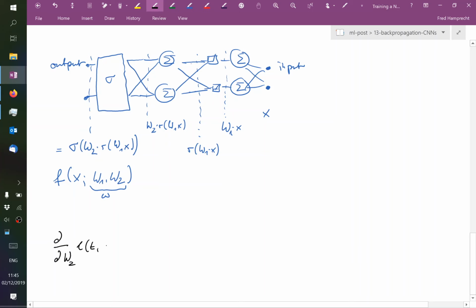We had T, and then sigma of W2 applied to R of W1x.